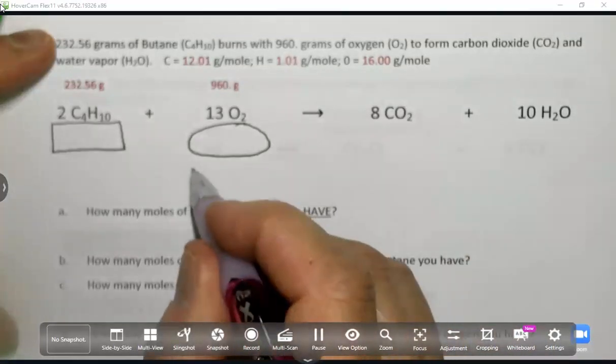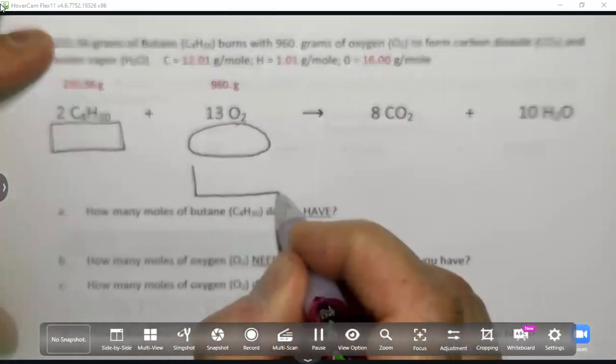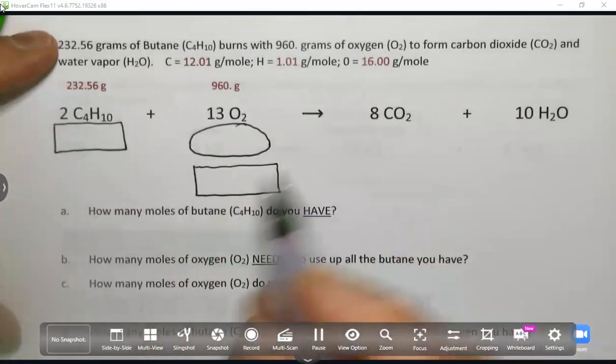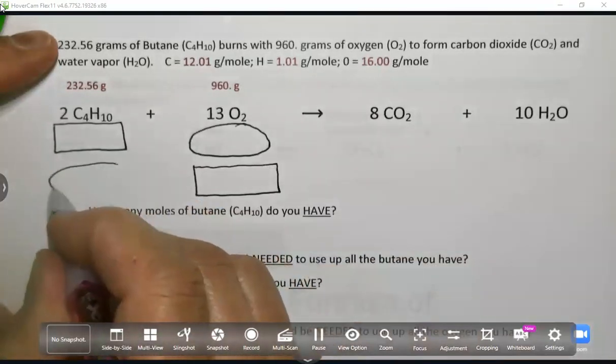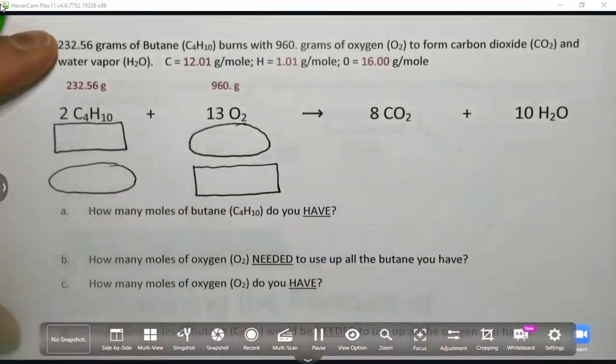You're going to calculate how much you need, and you're actually going to go back this way and calculate need here as well.